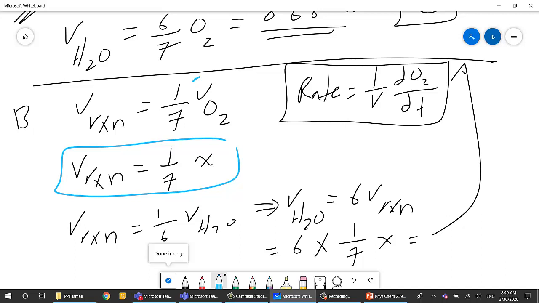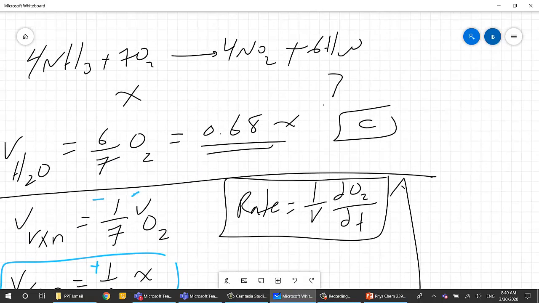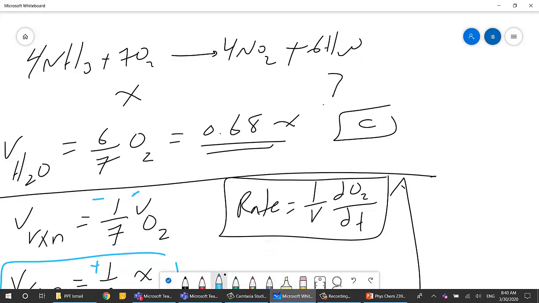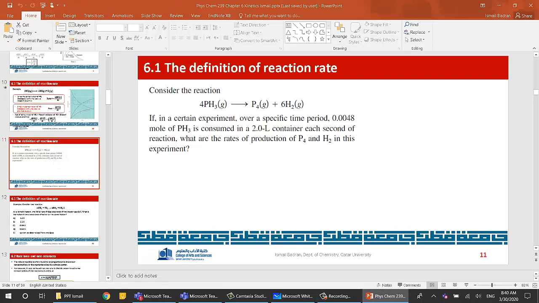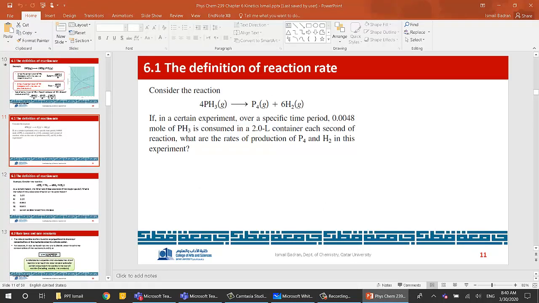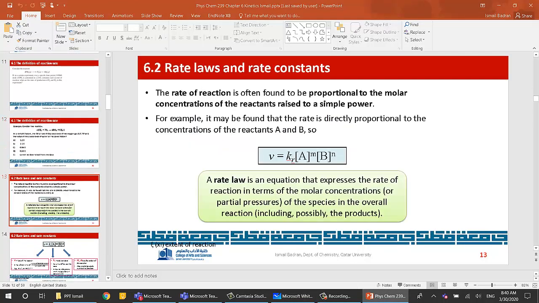You can put minus here, so the rate of reaction is minus 1 over 7 of the rate of O2, and this will be plus for the rate of the reaction. So just put minus and plus, whatever it says for products or reactants. Okay, so I hope that you get this point and you can practice similar questions at home. Okay.